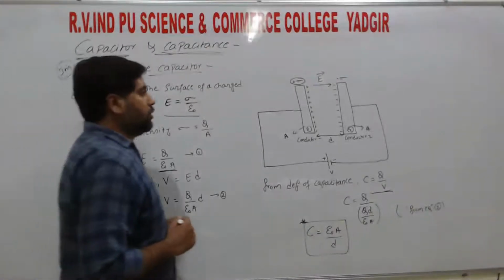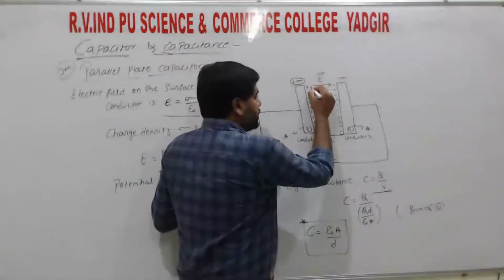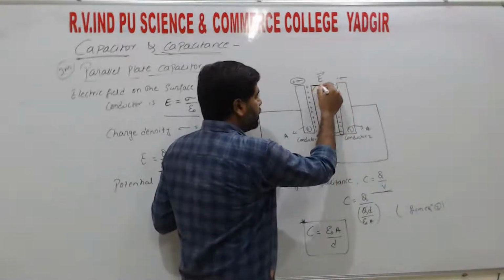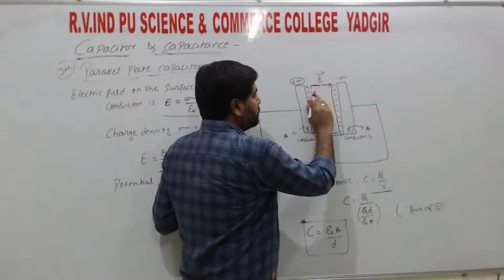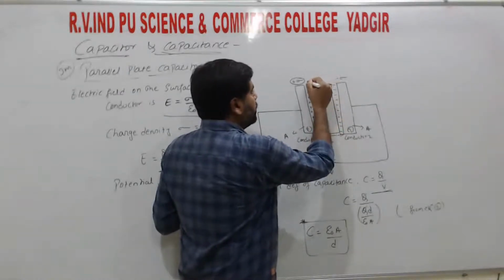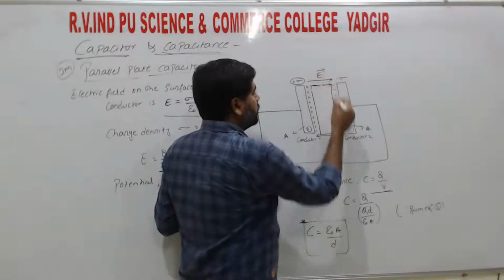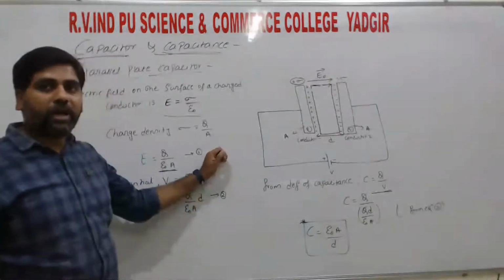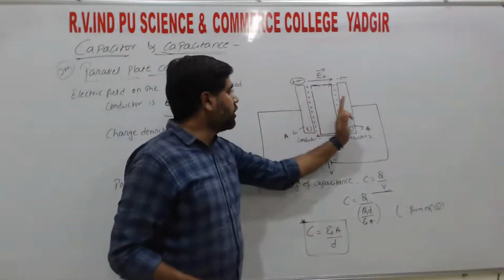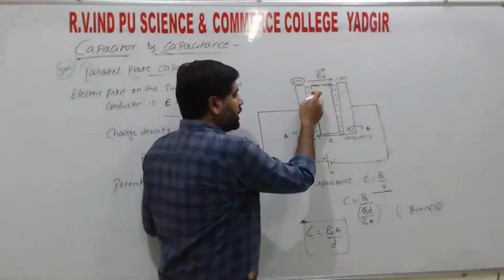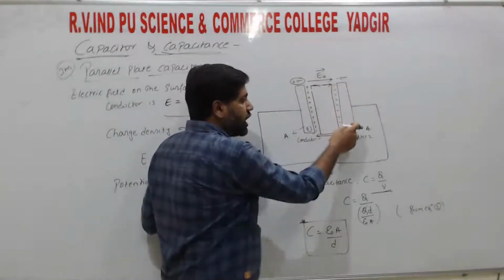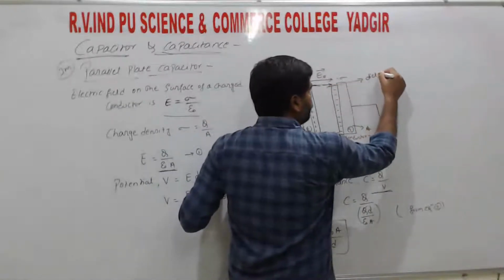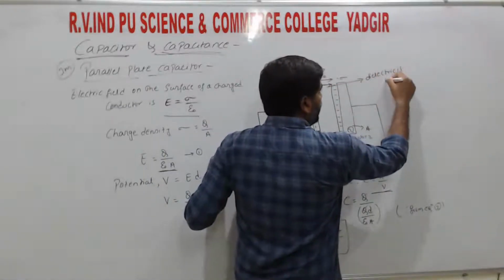Next, when a dielectric medium, an insulating material, is inserted between the plates: initially we have the electric field, which we take as E naught, due to conductors 1 and 2, because initially they have charges plus Q and minus Q. Now the dielectric is introduced.